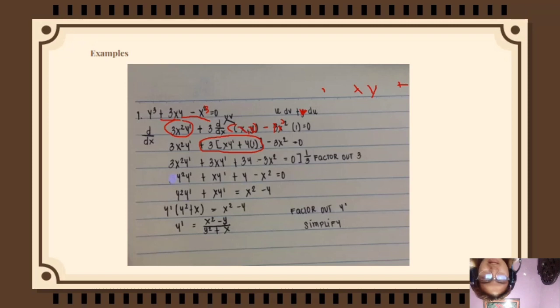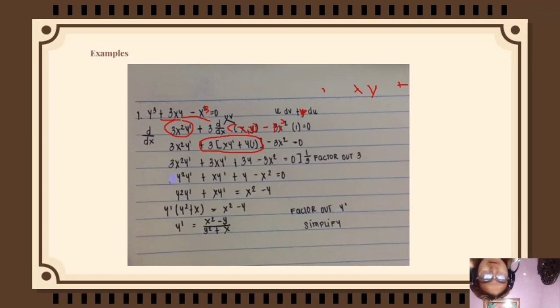Okay, the derivative natin, derivative of y, ito yung derivative niya, tas derivative of x, ito yung derivative niya. Ngayon, i-derive natin to. Diba dito tayo gagamit ng product rule, yung u dv plus v du.